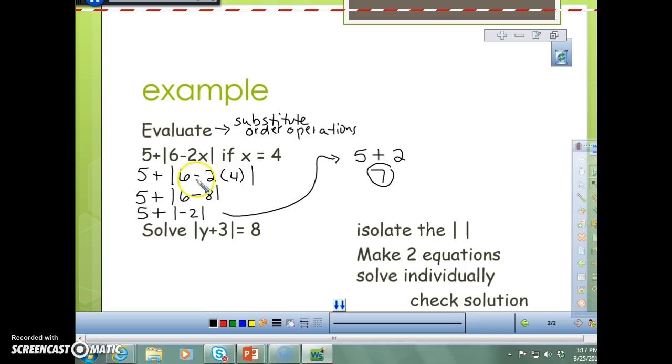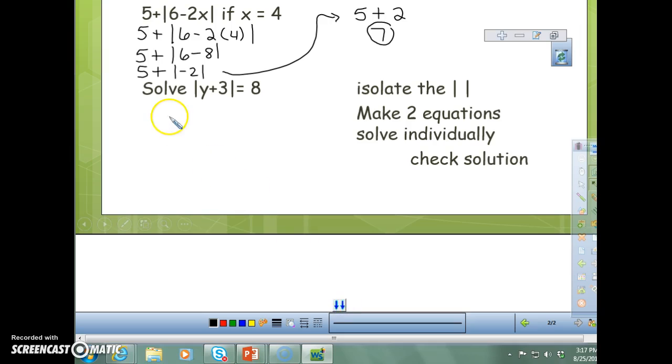This one's a solving problem. Let me raise it up a little bit. First, we have to make sure that the absolute bars are standing alone, that there's nothing added or subtracted on the outside or multiplied on the outside of the absolute bars.